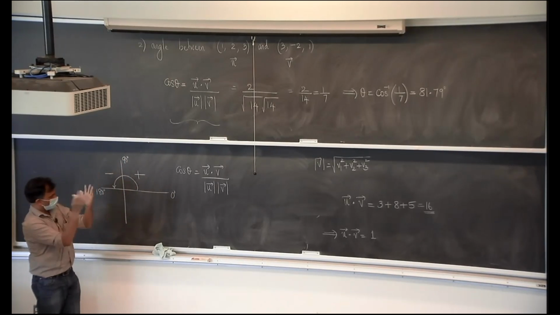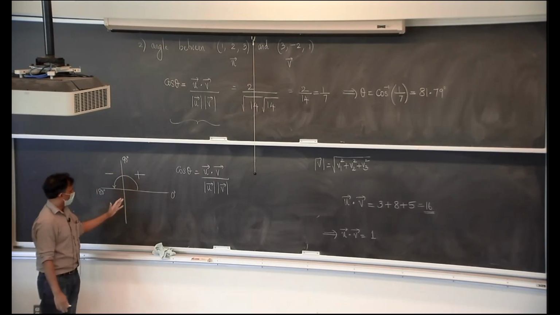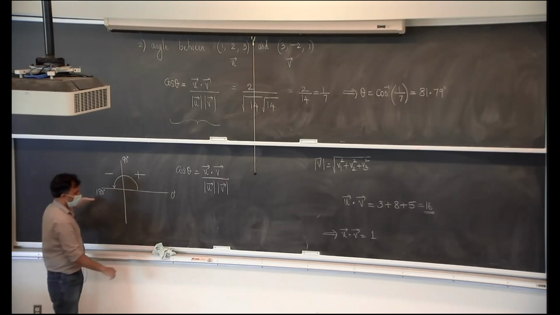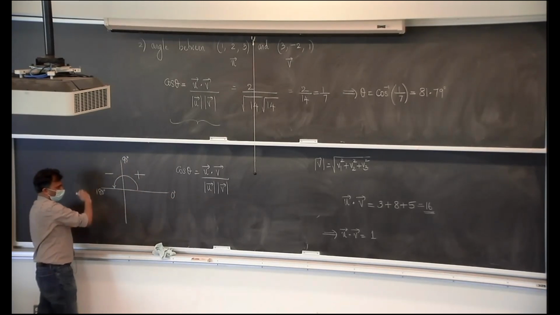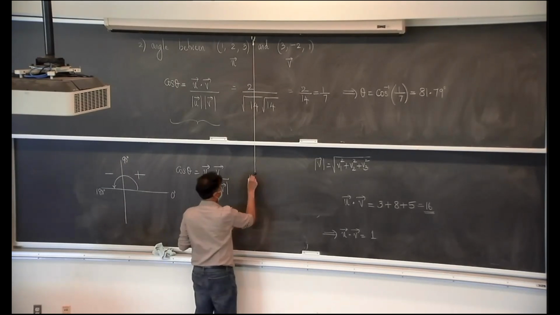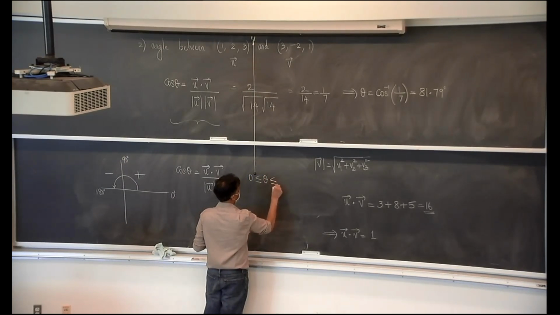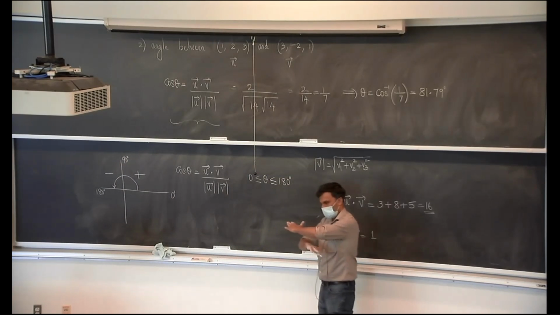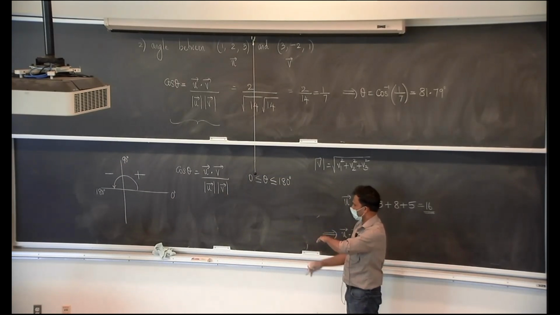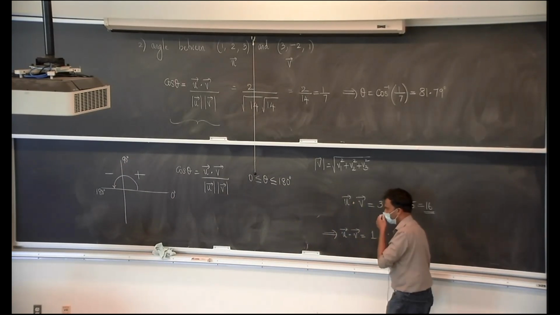So two vectors, when you talk about the angle between those two, it could be perpendicular or it could go in opposite directions or it could go in the same direction. Okay, so that is the range of the angle theta. So theta goes from 0 to 180 degrees. Okay, so 0 if it is lying on top of each other in the same direction, 180 opposite, and in between is 90 degrees.